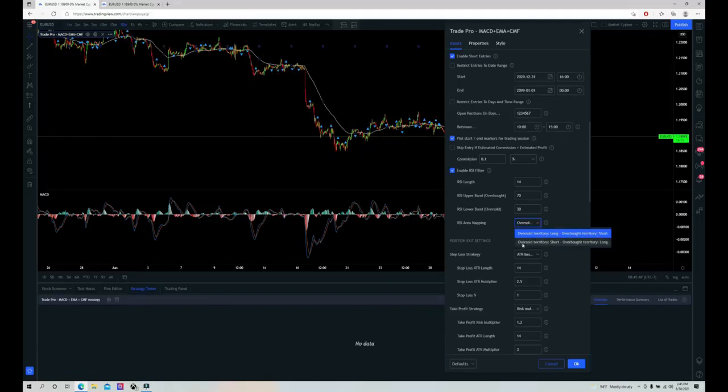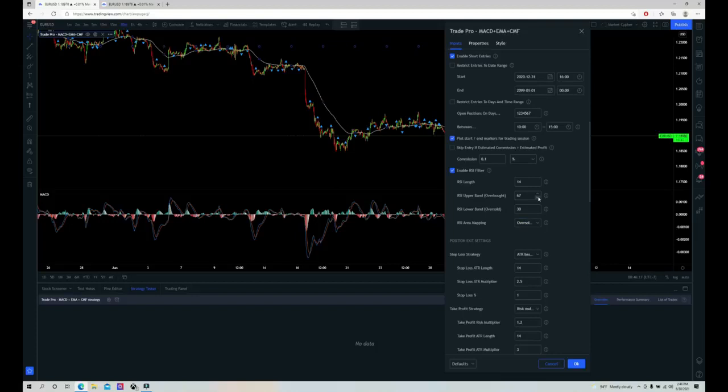Or you can have it only short when the RSI is in the oversold territory and only long when the RSI is in the overbought territory. As you can see, there's no data because there are no trade entries that meet criteria if I have it set like this. So let's change it to where it's only going to take a short when the RSI is in the oversold territory and only take a long when the RSI is in the overbought territory.